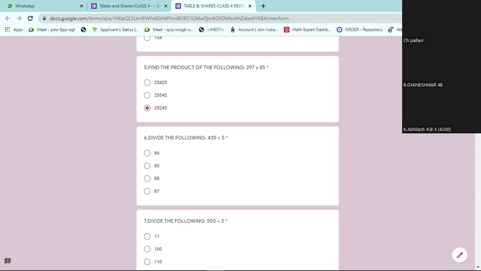In the 5 table, you have to search where we get 43 or less than 43. 5 eights are 40. Subtract, you get 3, and shift the 5. 5 sevens are 35. So this is the answer when you do it in the direct method.